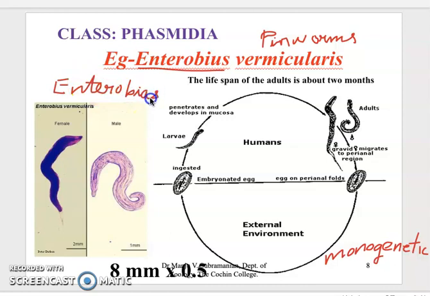This is the name given for the disease caused by the heavy infestation or heavy infection of Enterobius vermicularis, that is enterobiosis.